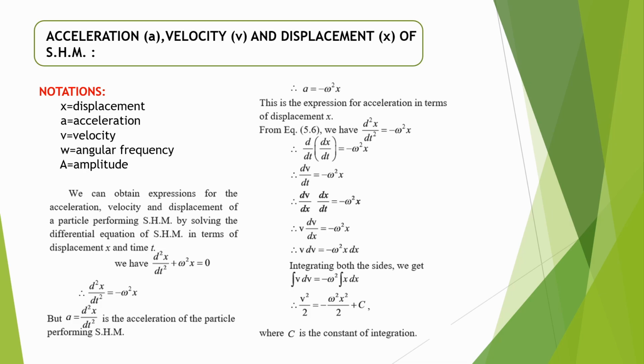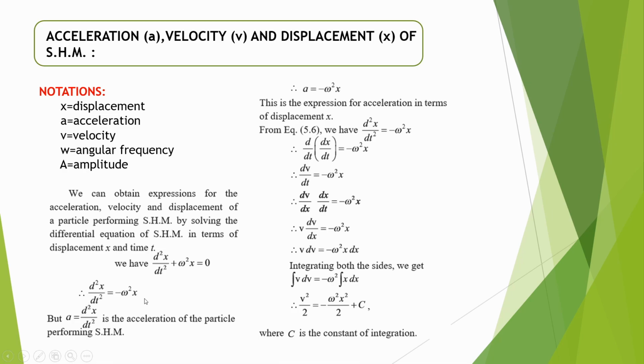So we know the differential equation of linear SHM. What is the differential equation? The equation is d square x by dt square plus omega square x equal to 0. So d square x by dt square equal to minus omega square x. But that is the formula for acceleration: acceleration equal to dv by dt, and v means dx by dt.